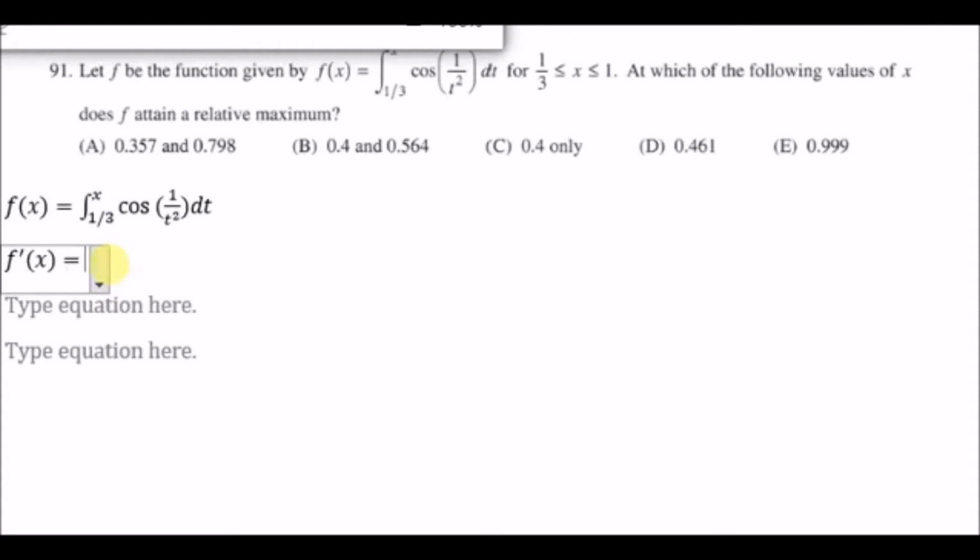The important part to remember here is that when you're taking the derivative, you're looking for the derivative of the antiderivative at each bound. And when you have a non-constant bound, like we do here, we have an x, you just have to be very careful about maintaining that.